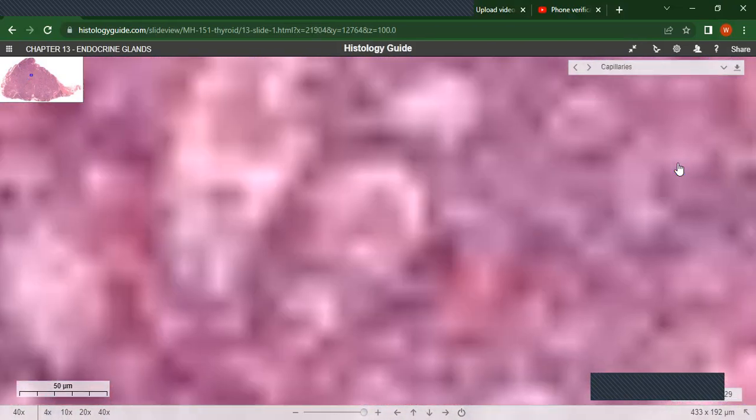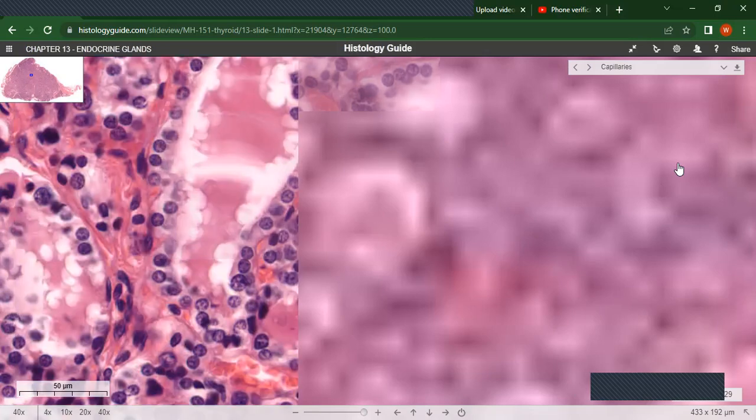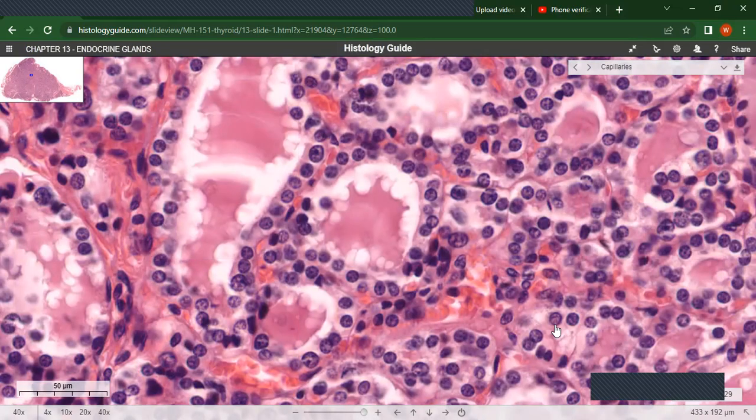Since it is an endocrine gland, there are very many capillaries here. So this pink homogeneous material is the colloid. I've said it contains iodinated thyroglobulin.